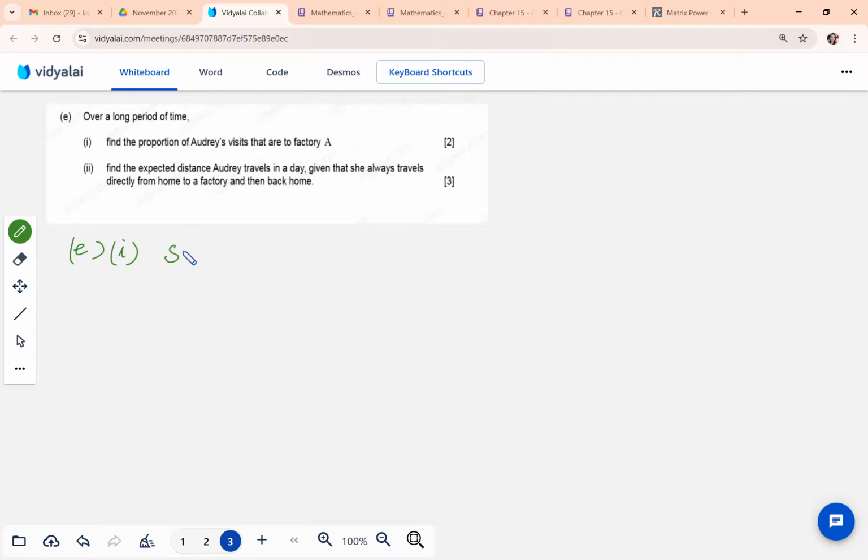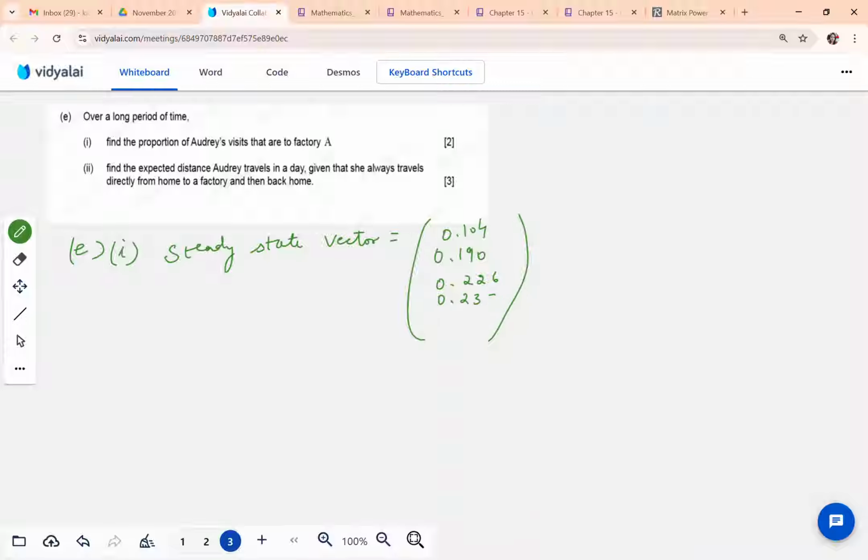So I'm just writing the steady state vector as equal to 0.104, I have approximated it up to 3 significant figures, 0.190, then 0.226, 0.235 and 0.244.